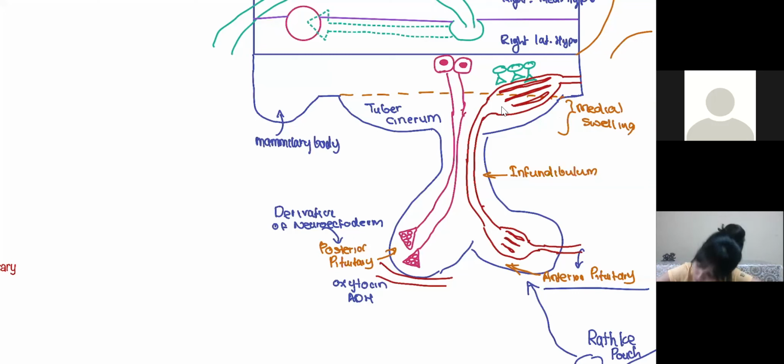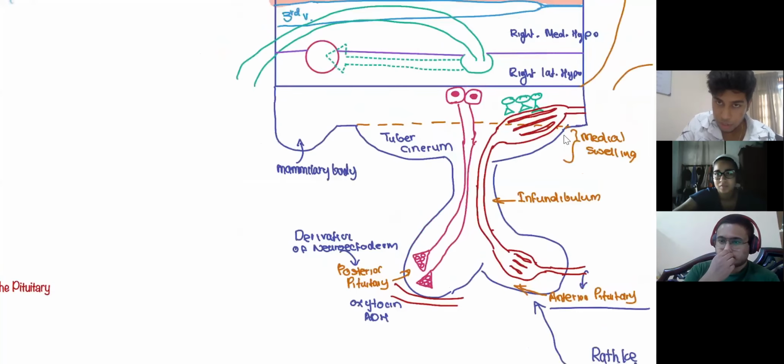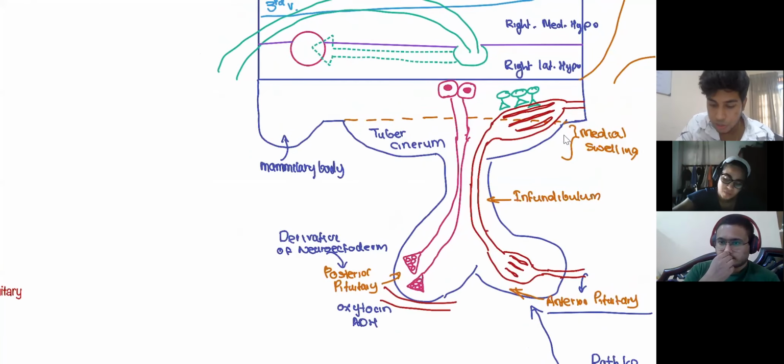What type of blood supply is this? What is the name for a supply which has two capillary systems? What do you call a blood supply which has two capillary systems before it joins a venule?